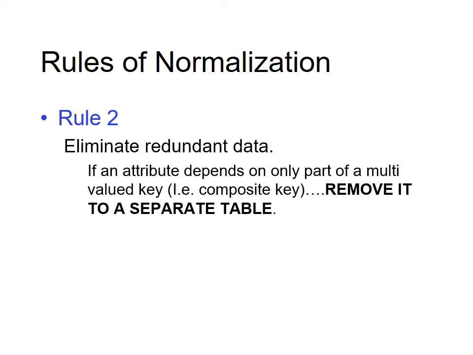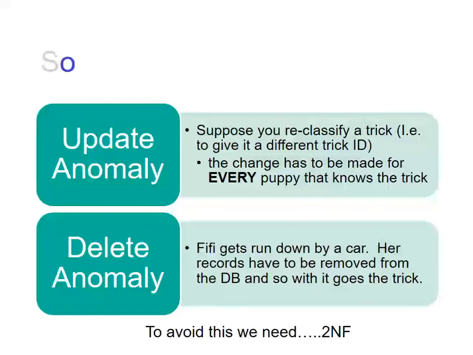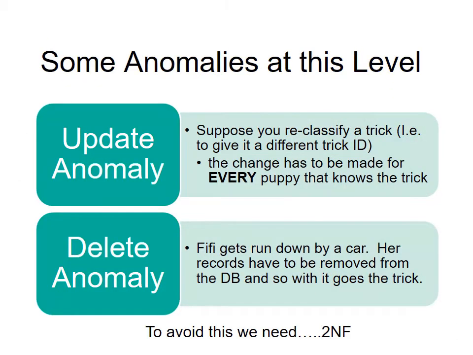So that takes us to rule number 2, eliminating redundant data. If an attribute depends on only part of a multi-valued key, remove it to a separate table. Anomalies still exist at this level, and they're the update and the deletion anomalies. The bottom line is you're going into multiple places trying to do multiple updates instead of doing it like one-stop shopping.